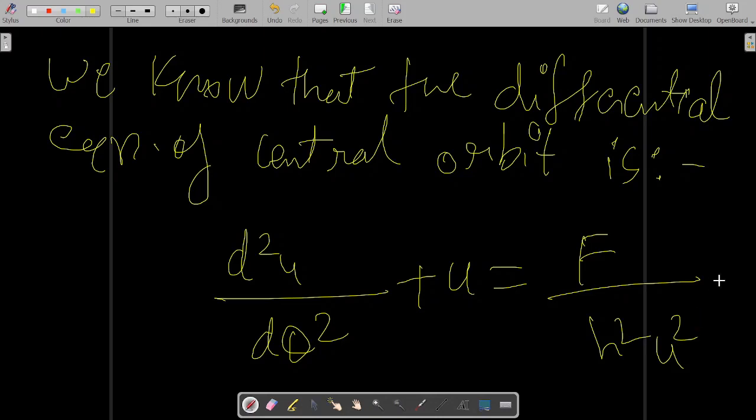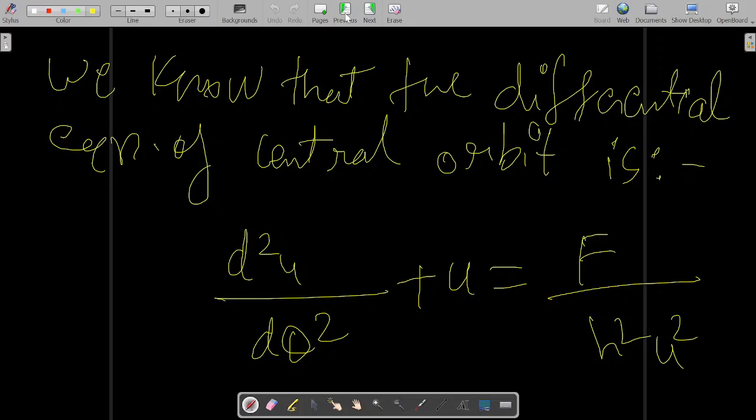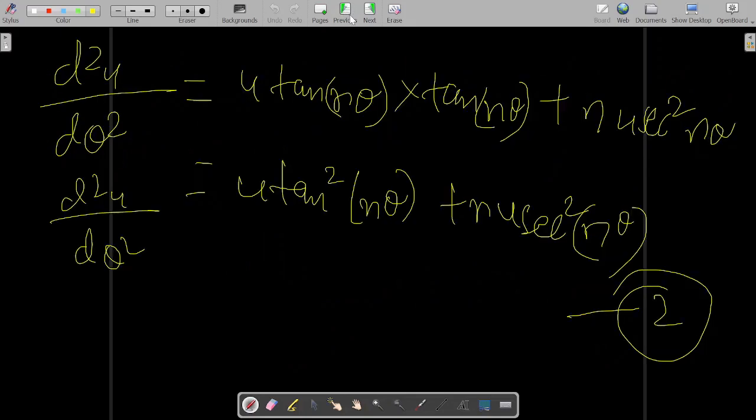This is the differential equation of central orbit.